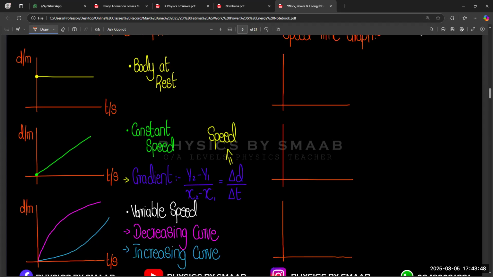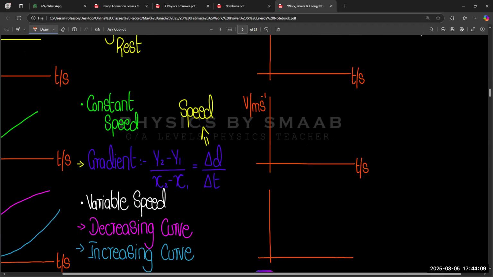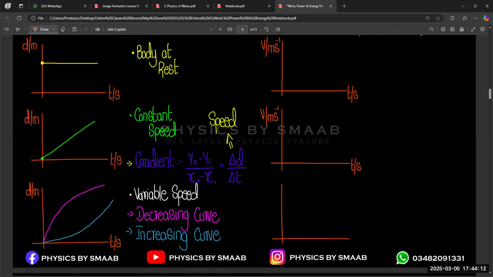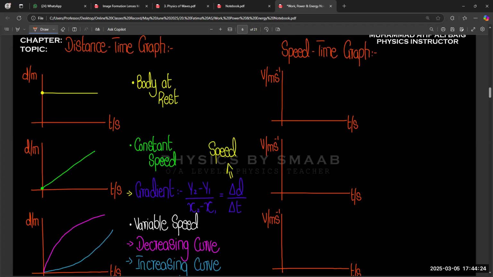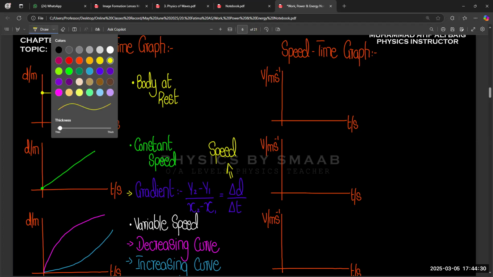The only difference is now we are marking speed on the y-axis, and time remains on the x-axis. So basically, in a speed time graph, the first idea is about constant speed.